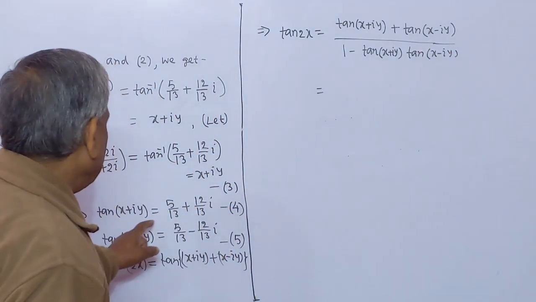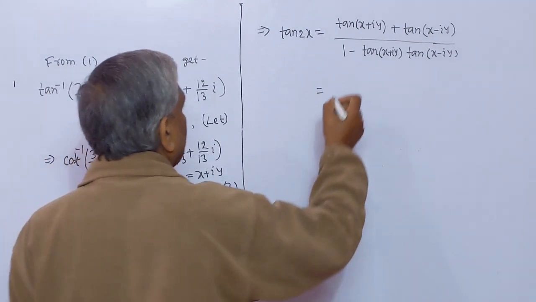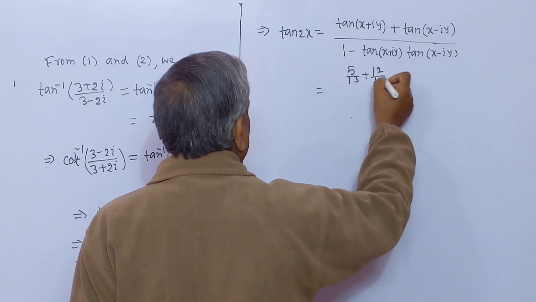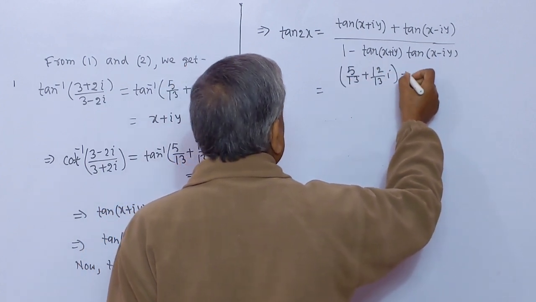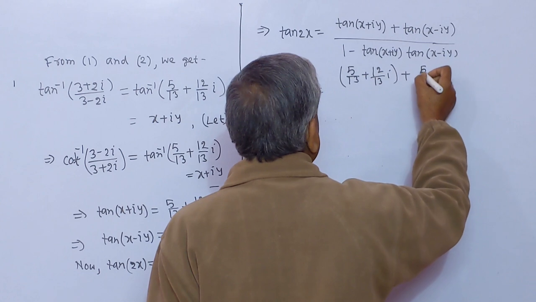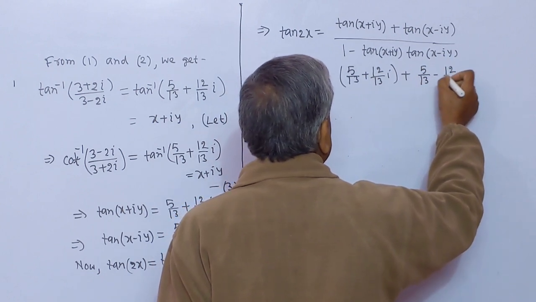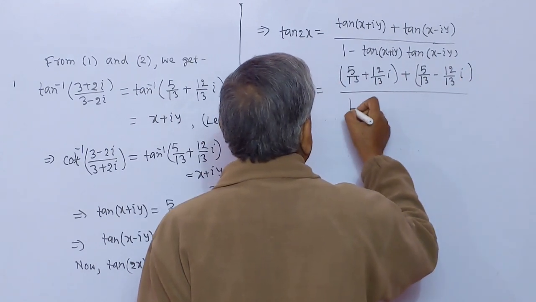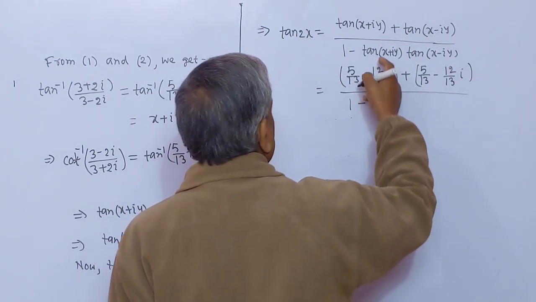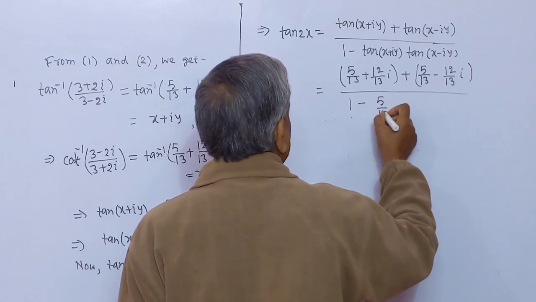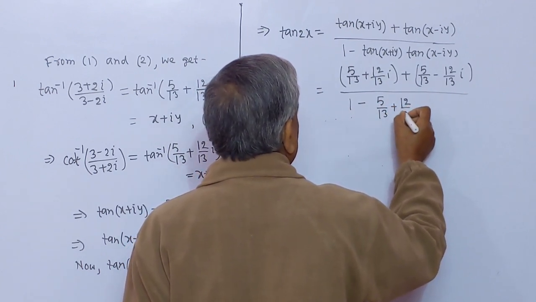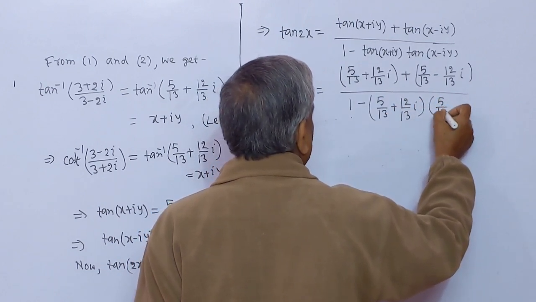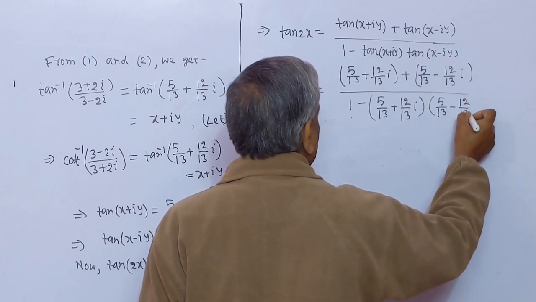Tan(x plus iy) is 5 by 13 plus 12 by 13 i, plus this 5 by 13 minus 12 by 13 i, by 1 minus (5 by 13 plus 12 by 13 i) multiplied by (5 by 13 minus 12 by 13 i).